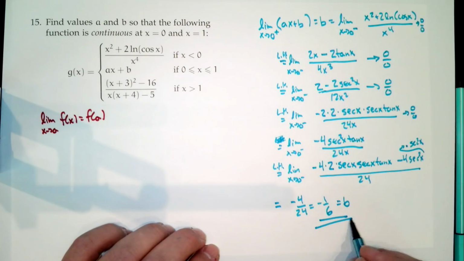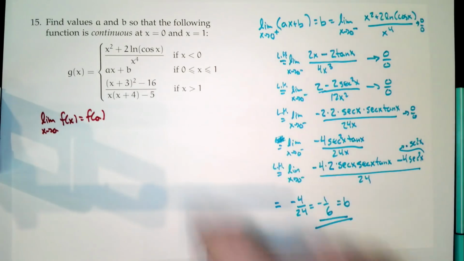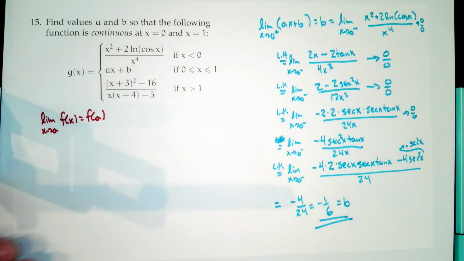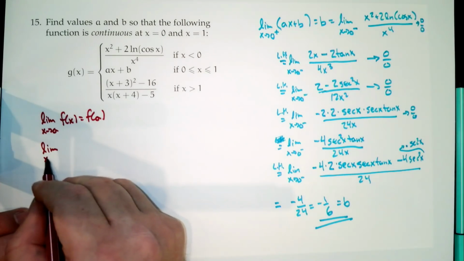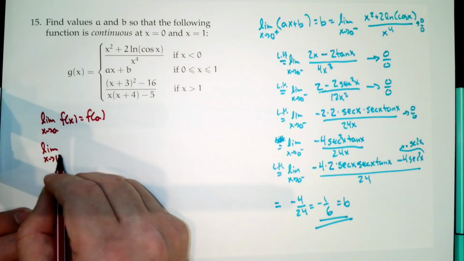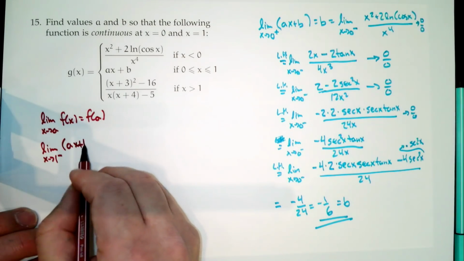Okay, so there we go. There's B. Now, let's do the second half. How do we find the second half? Same thing, but at 1. Okay, so we're going to look at the limit as x approaches 1 from below of the function. Well, that's ax plus b.